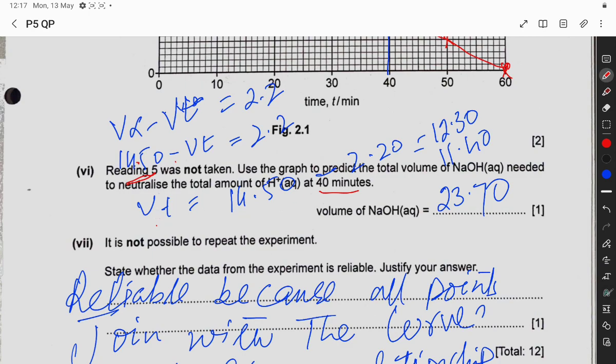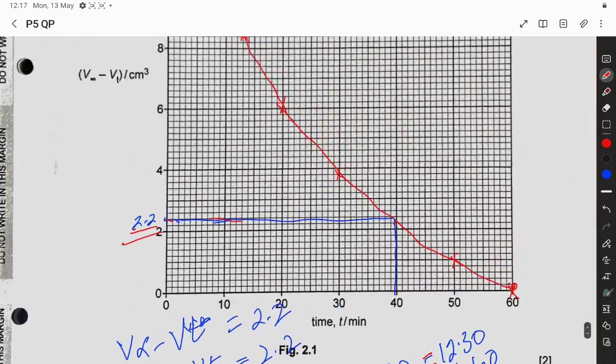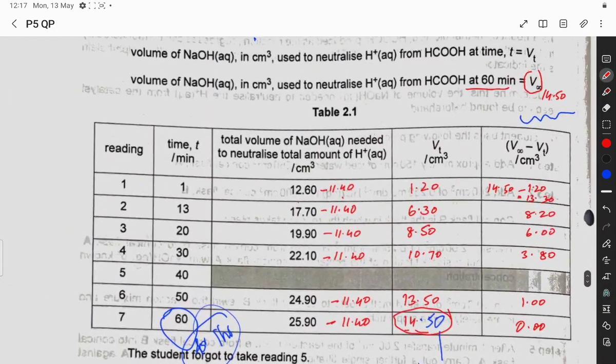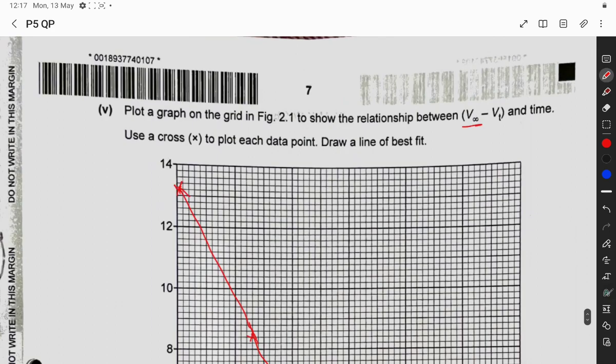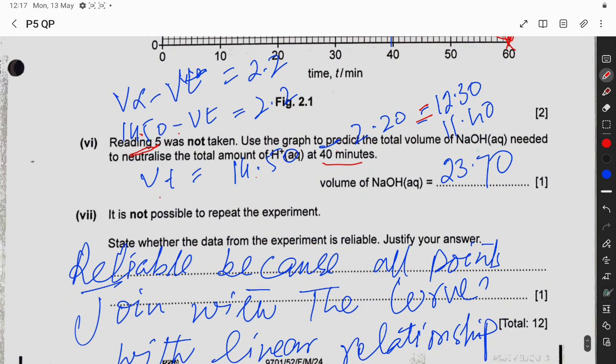We know that Vt can be calculated by calculating 14.50 minus 2.20, which is equal to 12.30, and 12.30 plus 11.40. This 11.40 is the volume of sodium hydroxide for the catalyst. So this will be added to get the total volume of sodium hydroxide. So this is 23.70.